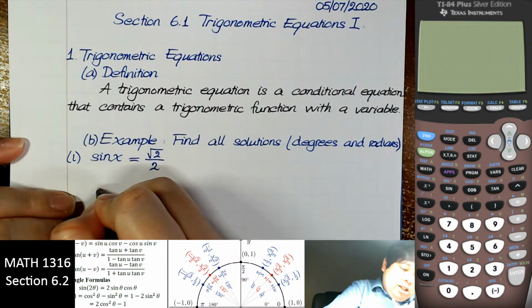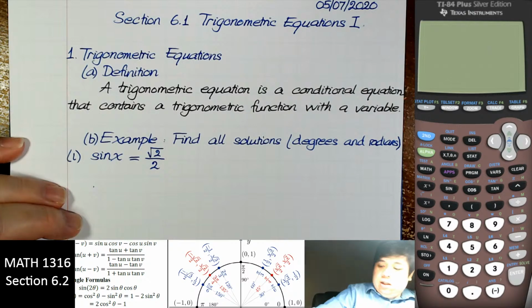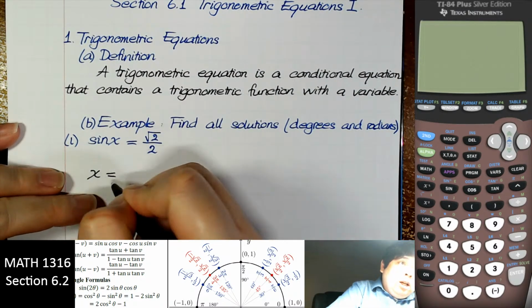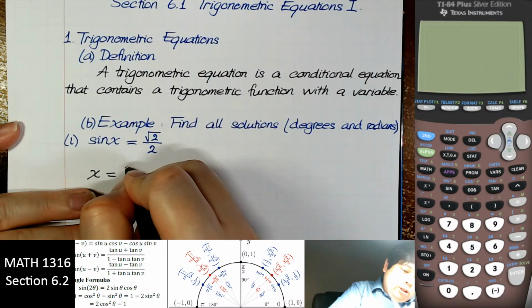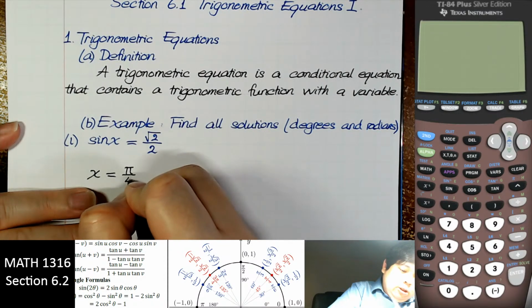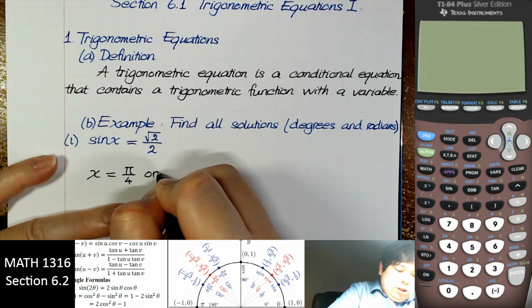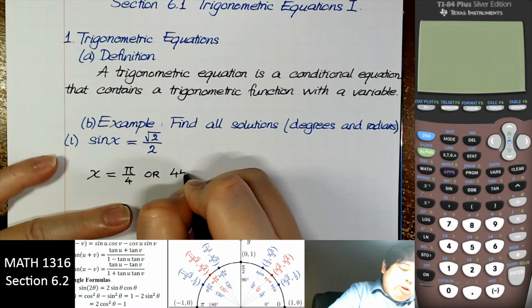So we have x equal to pi over 4, or let's do both, 45 degrees.